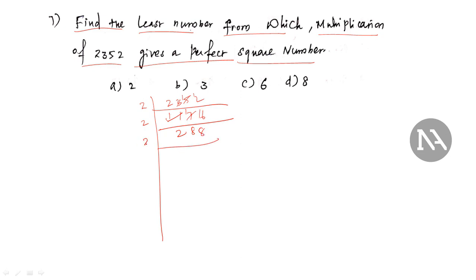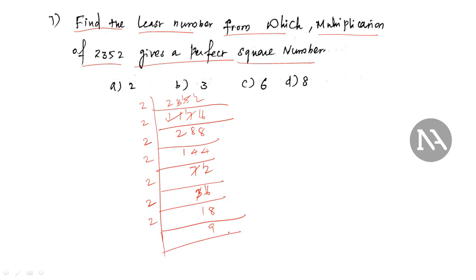Again it is an even number, 1 2 is 2, 4 2s are 8, then 4 2s are 8. Again it is an even number, so 7 2s are 14, then 2 2s are 4. Again it is an even number, 3 2s are 6, then carry 1, 6 2s are 12. Again it is an even number, so 1 2 is 2, then carry 1, 8 2s are 16. Next it is an even number, 9 2s are 18.